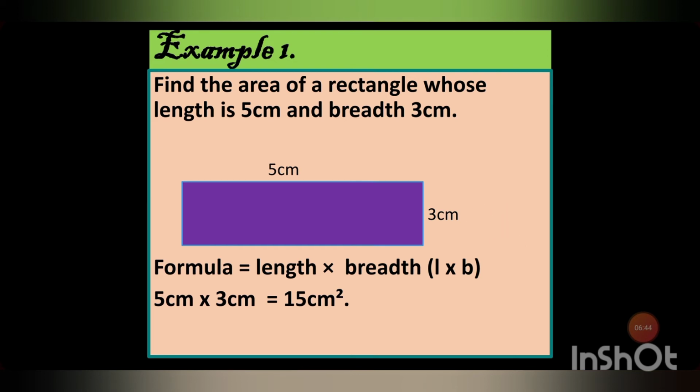So 5 times 3 will give you 15 centimeters. Now if you look closely, you will see a tiny 2 there. That 2 means square. So our answer is 15 centimeters squared, and it is squared because we measured in 2 dimensions, length and breadth. All right.